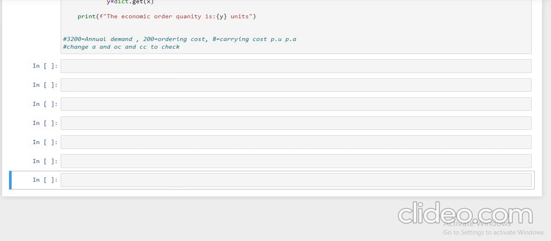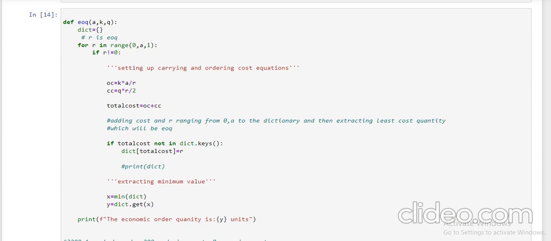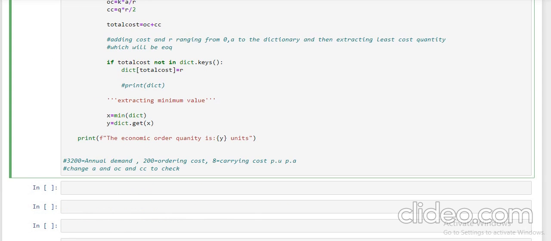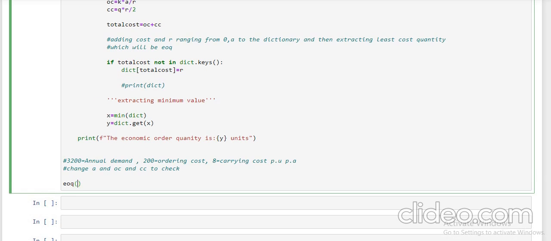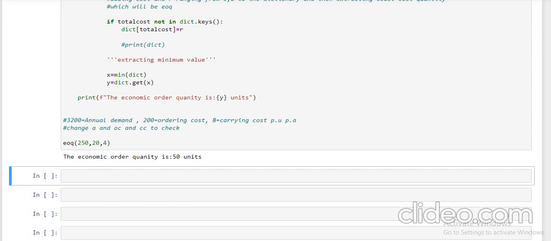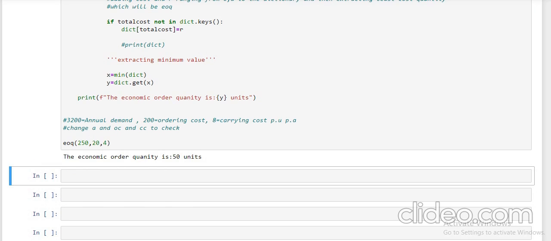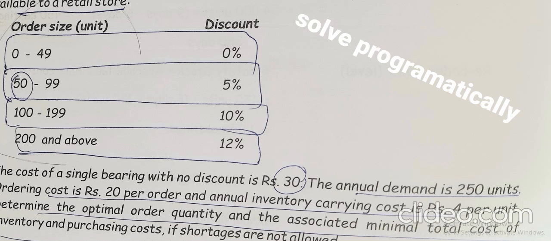So let's input that: annual demand 250, ordering cost 20, and carrying cost 4. So economic order quantity is 50 units. I press shift enter to get the output. Economic order quantity is 50 units.